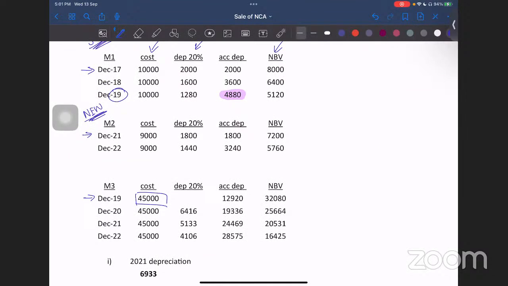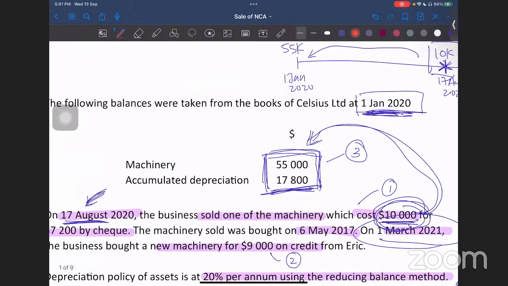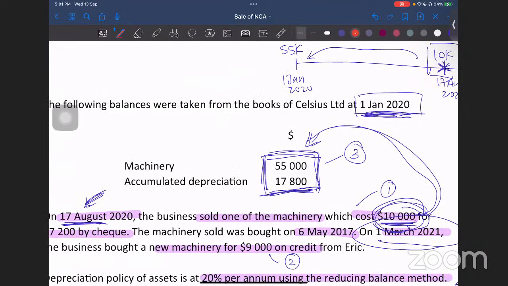Then as of the accumulated depreciation, how do I get this figure? The logic is the same. As of 1st Jan 2020, my accumulated depreciation is this 17,800, and I know that at this point I haven't yet sold the equipment. So whatever equipment I sold, do you agree that its accumulated depreciation is also sitting inside here?